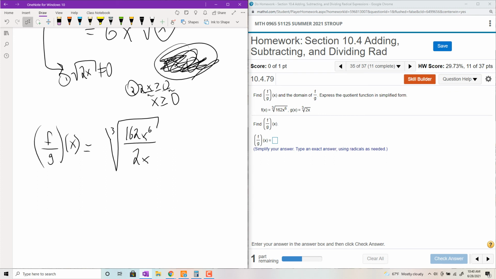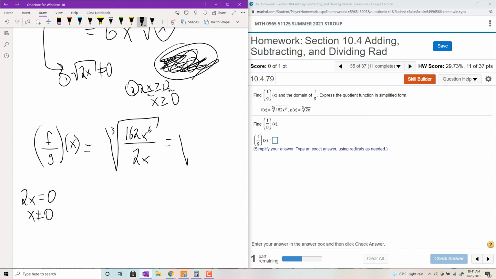So with the cube root, we don't have to worry about negatives. The issue here is the denominator. I have to make sure that 2x is not equal to 0. In other words, x can't be 0. Other than that, though, anything goes.